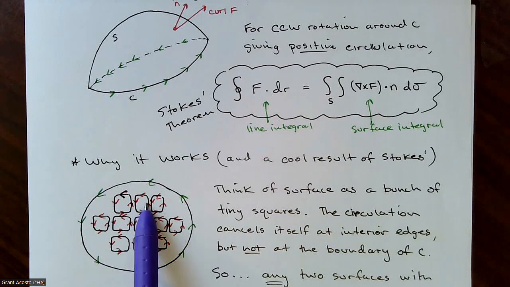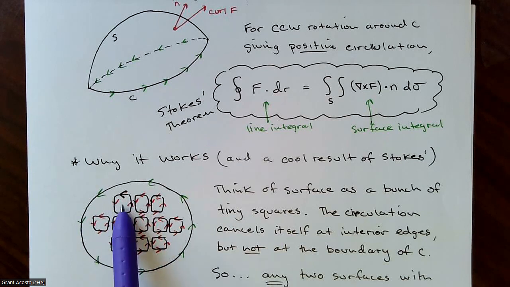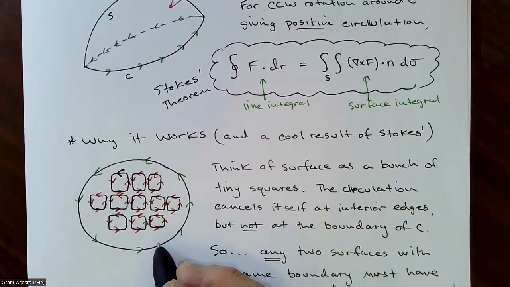Because these two points are infinitesimally close to each other, they should be equal in magnitude and they're going to cancel out. Same thing here and here: this one's going to the right, this one's going to the left, and they're going to cancel out. So all of these squares, the circulation is going to cancel out next to each other, except what about a point that's right on the boundary?